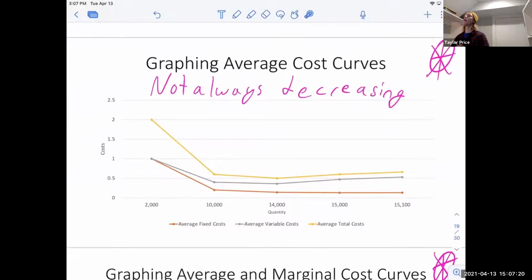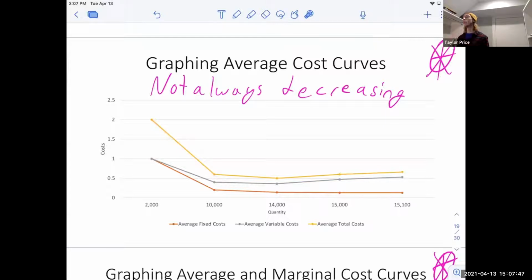Okay, so now when we think about average cost curves, it's important to remember that they're not always decreasing. What I mean by that is you usually start off with high average fixed and variable costs. As you produce more of a good, those start to decrease.